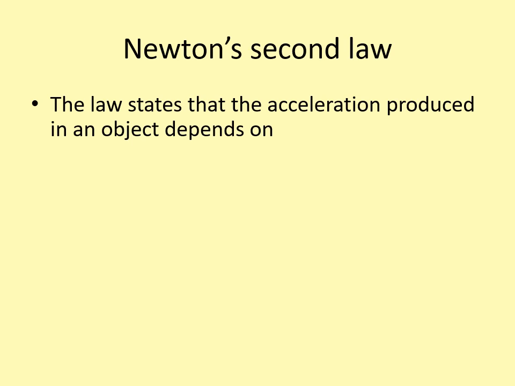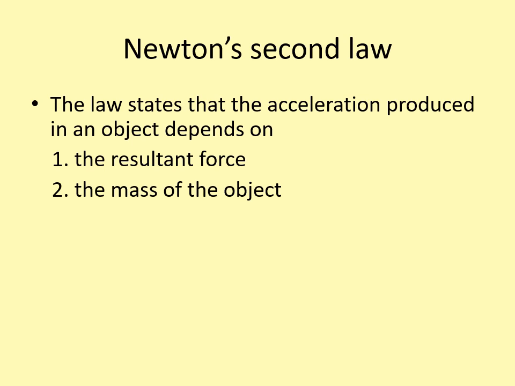More the mass, less the acceleration. So acceleration depends on force and mass. So the acceleration produced in an object depends on the resultant force, if we are more correct, and the mass of the object. So force, mass, and acceleration are dependent on each other. And that is our Newton's second law.